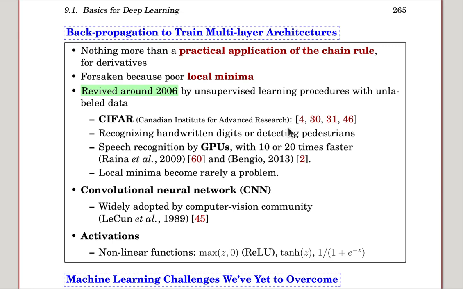Along with that new algorithm, it was applied to handwritten digits and detection of pedestrians, and also using GPUs, they sped up the algorithm for speech recognition about 10 to 20 times. And along with a new form of machine learning algorithm, local minima became rarely a problem.